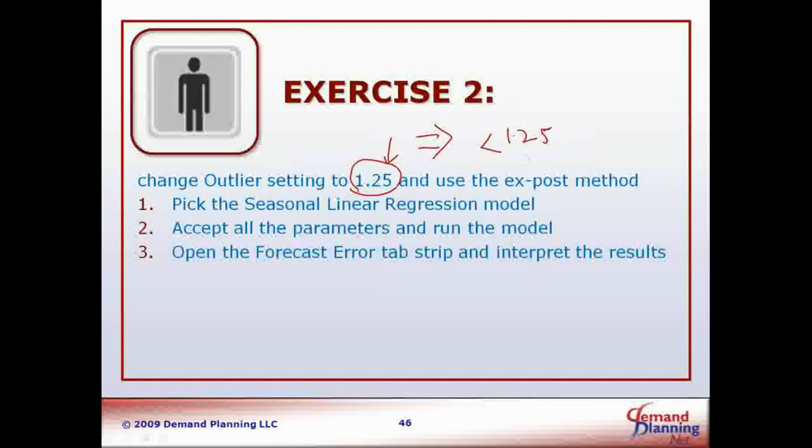Now, if I just say outlier is a problem, and I just use an outlier threshold, right? Outliers to flag out. So I change outlier setting, right? Let's say I change the outlier setting to 1.25. It's a threshold, let's say. Now for the purpose of this course, just think about this.